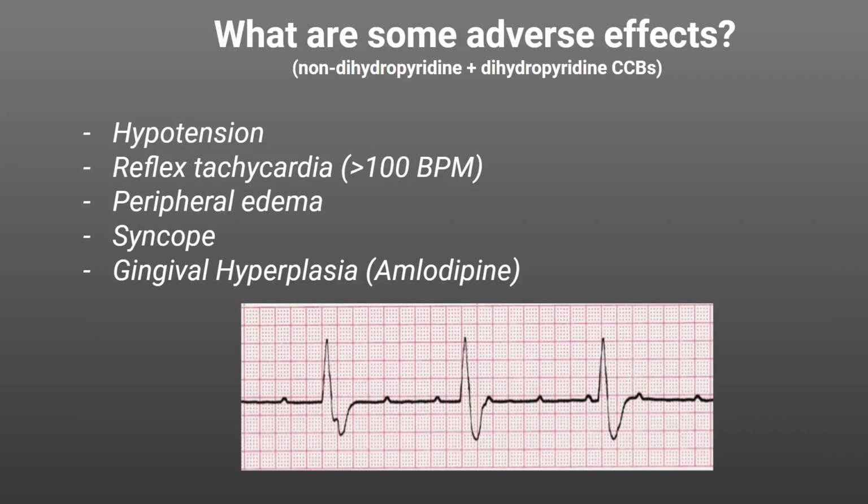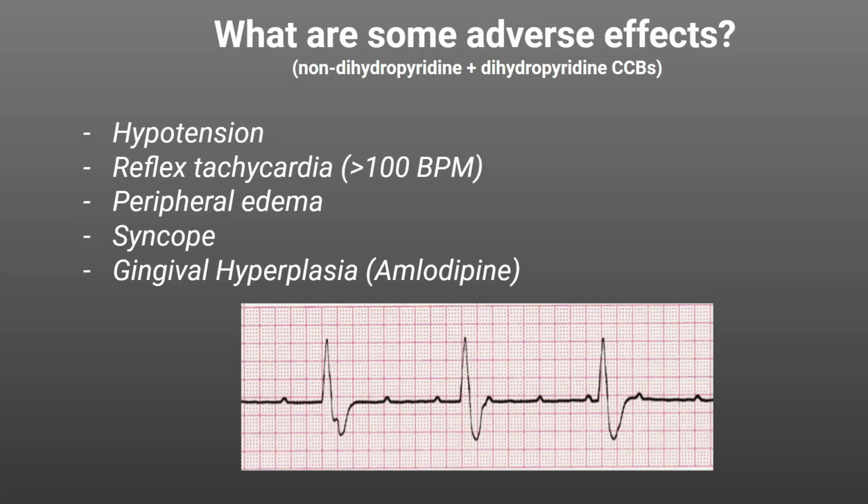So here are some adverse effects, both from non-dihydropyridine and dihydropyridine calcium channel blockers. So obviously it can cause hypotension, considering it decreases the heart rate, and essentially what it does is lower the blood pressure. What it can also do is cause a thing called reflex tachycardia.